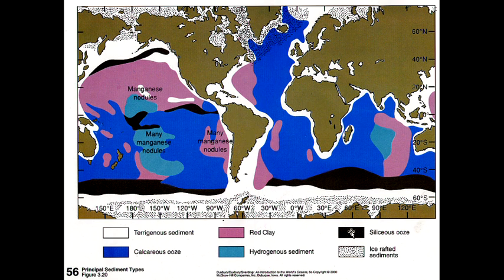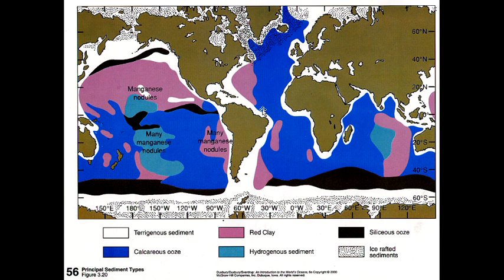Calcareous ooze and siliceous ooze are the dark blue or purplish and black, and they are predominant out in the deep ocean basin. Where you have hydrogenous dominance is usually farthest away from everything. So farthest away from land, less biogenous sedimentation.